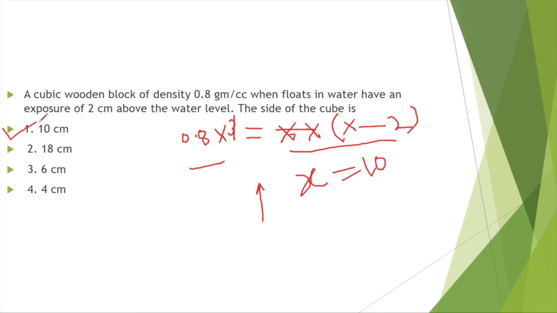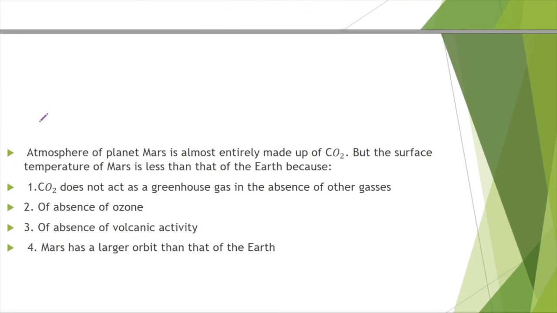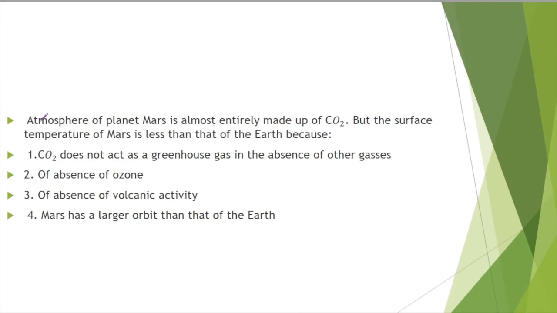Okay, now moving to the next question. So the question is, atmosphere of planet Mars is almost entirely made up of carbon dioxide, but the surface temperature of Mars is less than that of the Earth. Why? So start with the first option, right? Now the CO2 doesn't act as a greenhouse gas in the absence of other gases.